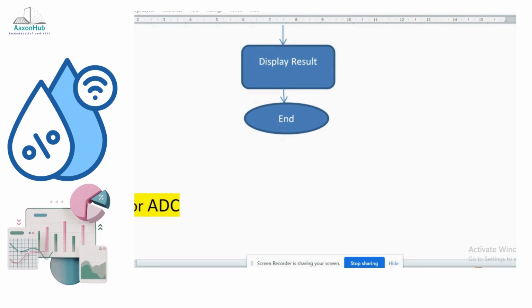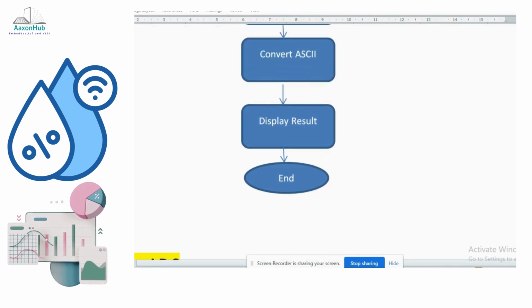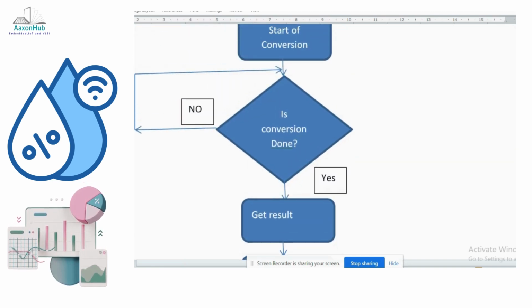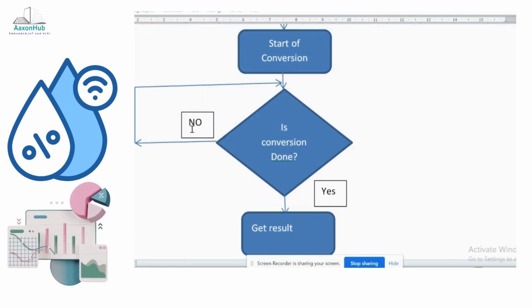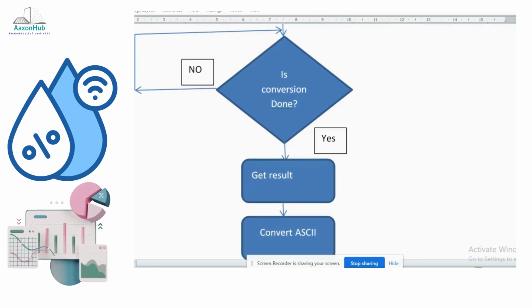The condition will be either true or false. If your conversion is not over yet, then you need to keep monitoring until the conversion is completed. If the conversion is done, you need to get the result from that channel.